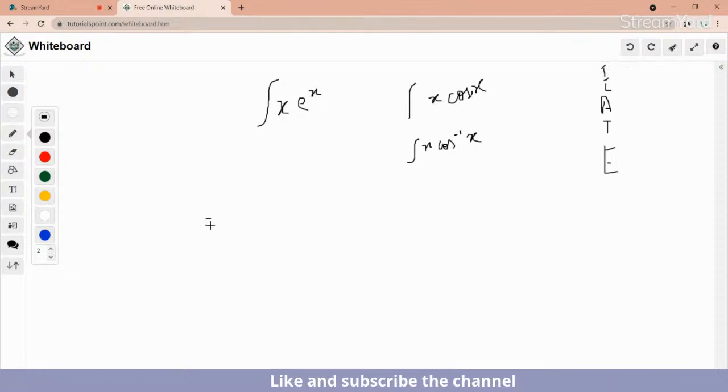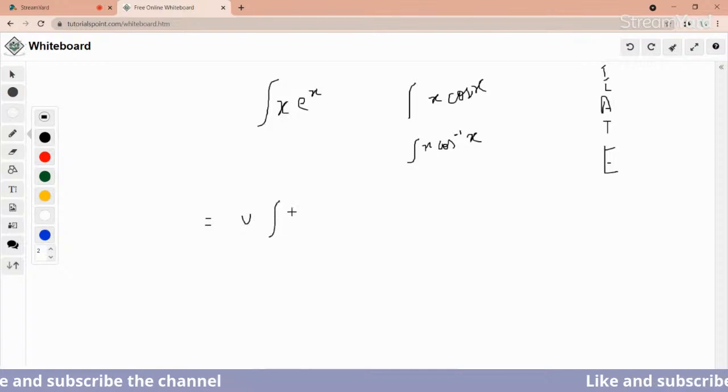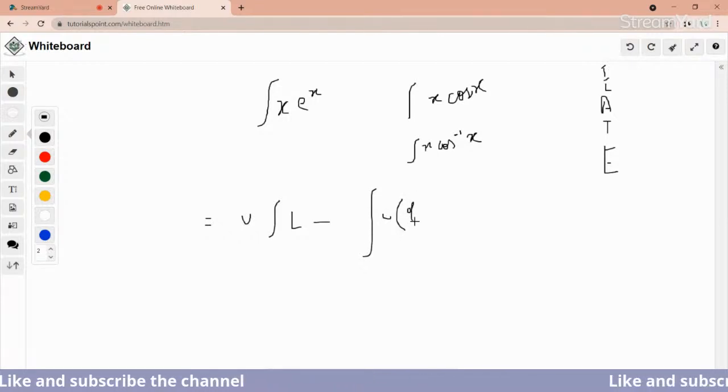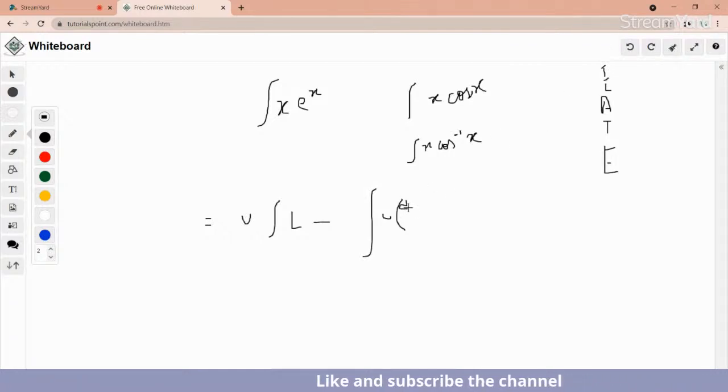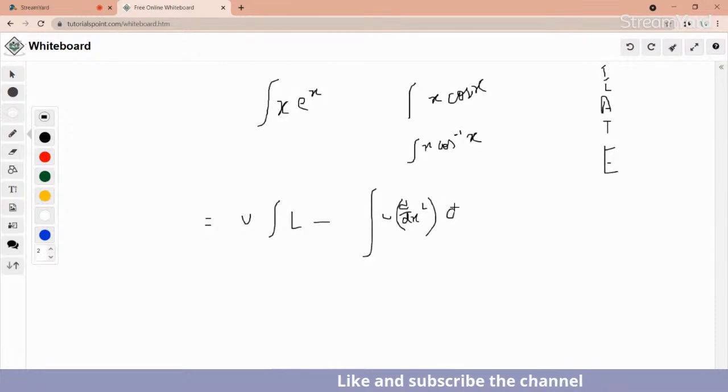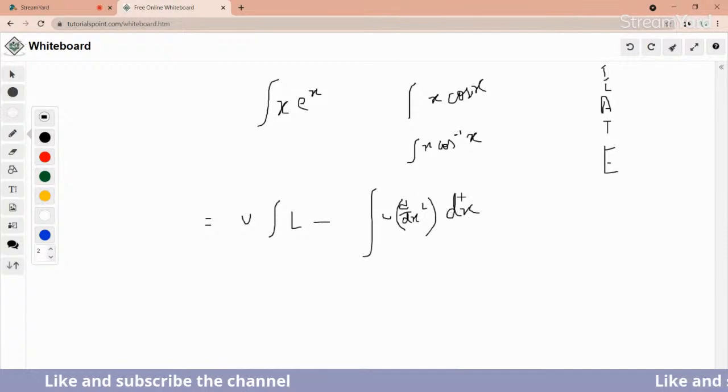So you have to keep the upper one, integrate the lower one, minus a big integration: keep the upper, then d/dx of, inside you have to differentiate the lower function, and then integrate the whole function.